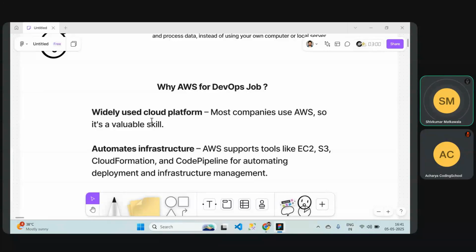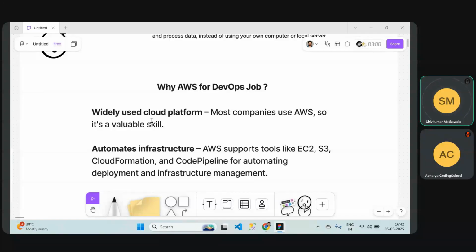And we know that if you want to use those things on a rental basis through the internet, we can use cloud platforms like AWS. AWS is a popular one and widely used. In short, the pioneer cloud platform in this world is AWS, and that's the reason that even after around 20 years, two decades, no one could beat AWS in the market.